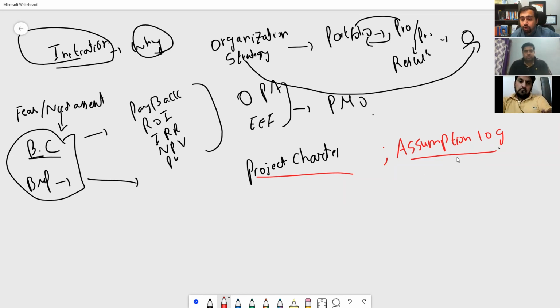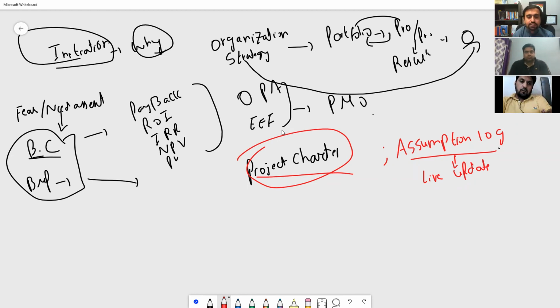This will be a live document. It will keep on updating as the project unfolds. Whereas the project charter, once it is approved, the project is formalized, it cannot change. Like business case, benefit management plan, and project charter, you can consider these are the three documents in the project that cannot be changed. If they change, the project changes.